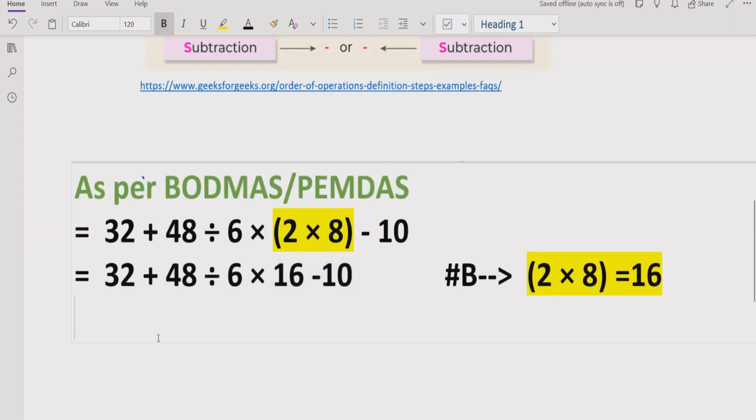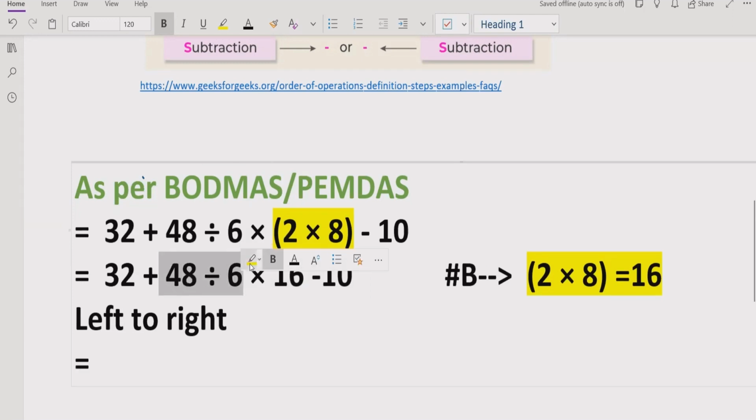Here we have to go left to right in our expression and see which is coming first. As you can see, here we have 48 divided by 6, so we have to solve this part first. 32 plus 48 divided by 6 is equal to 8, so it is 8 multiplied by 16 minus 10, right?